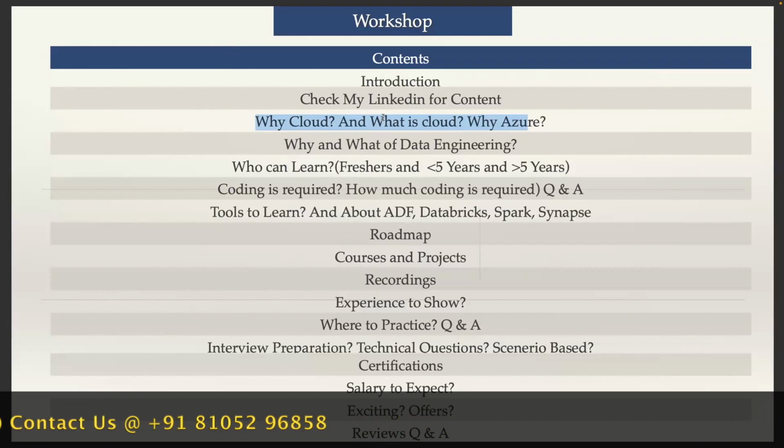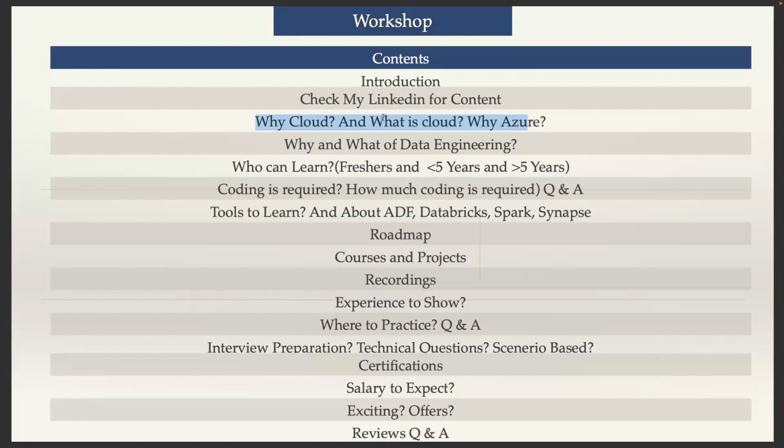What is data engineering? Nothing but data movement and data transformation. Data movement can be done using Data Factory without any code. For data transformation, we can use SQL or Spark, for which we can also use Databricks. Is coding required for Data Factory? No. For SQL and Databricks, yes, either SQL or Python.